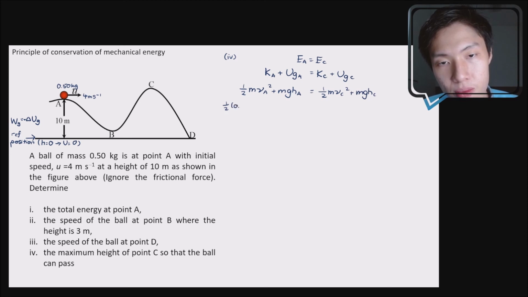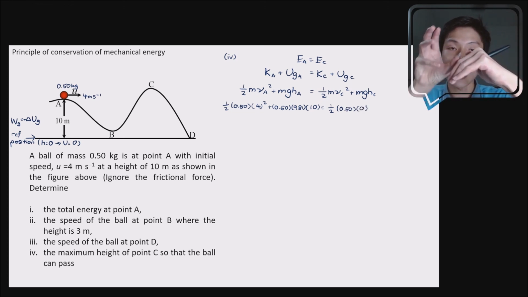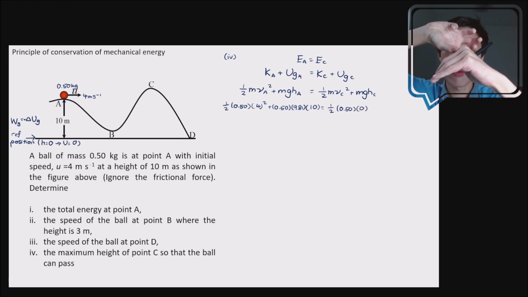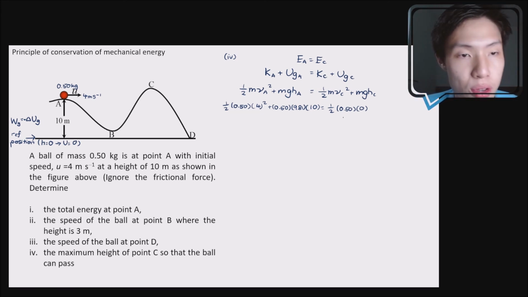Half times 0.50 for the mass, speed at point A to be 4, plus 0.5 for the mass of the ball, 9.81 for acceleration due to gravity, height is 10 at point A, then you have speed at point C to be 0, because I want the ball to be just at rest once you reach the peak. With a bit of inertia, it tips over and continues to roll towards point D.